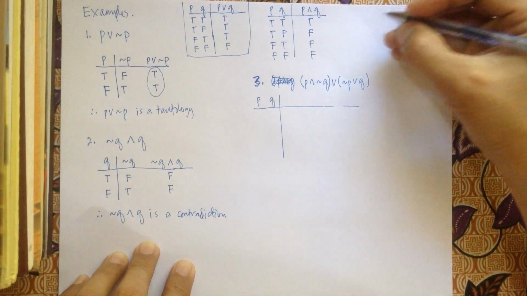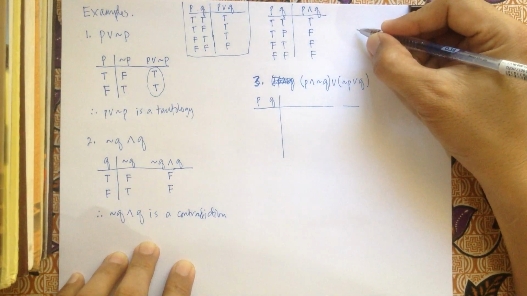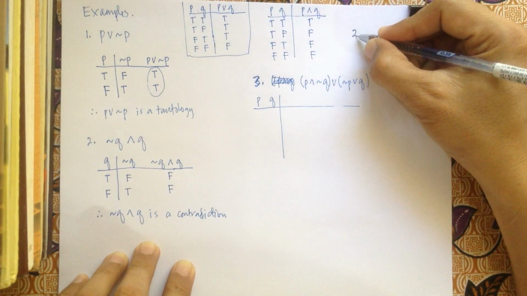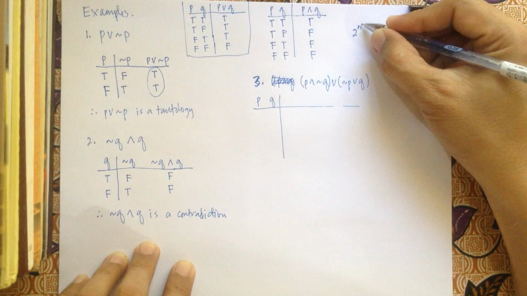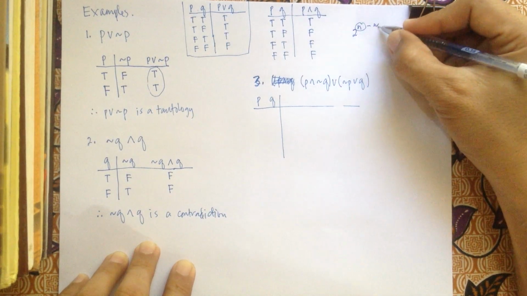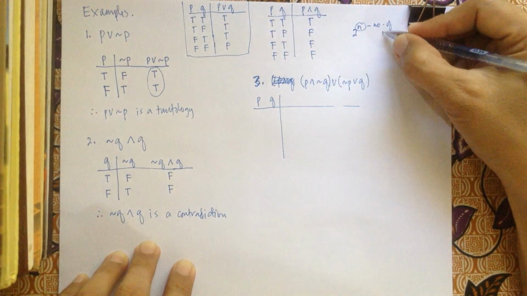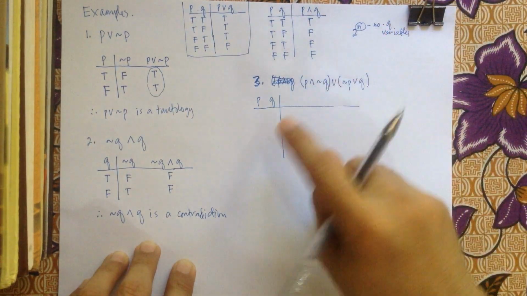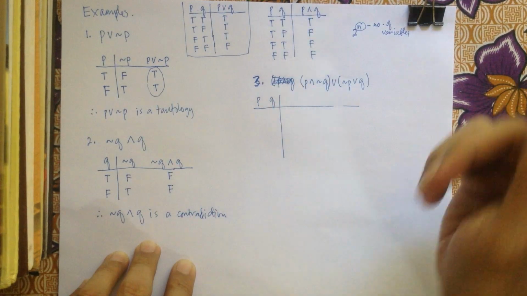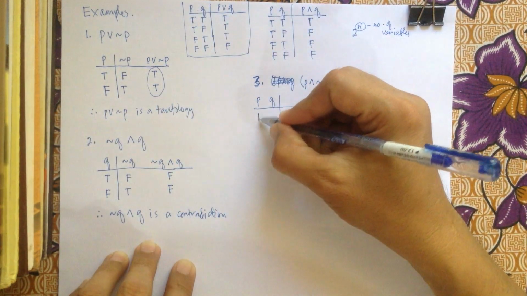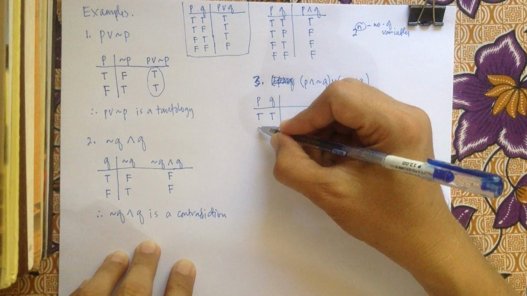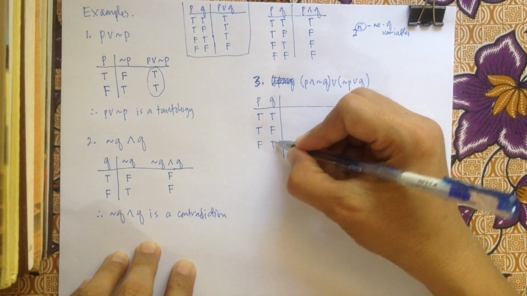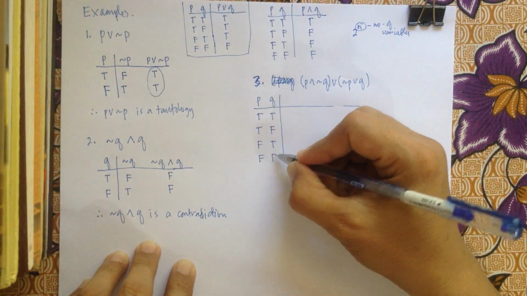If you have 2 propositional variables, the number of possible combinations is determined by 2 to the n, where n is the number of propositional variables. So that means that we expect here to have 2 squared, which is 4. And these are true, true, true, false, false, true, and false, false.